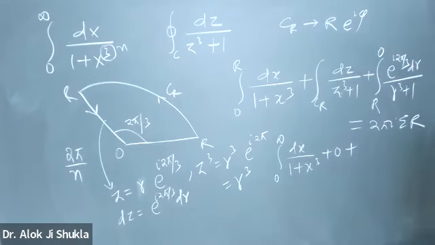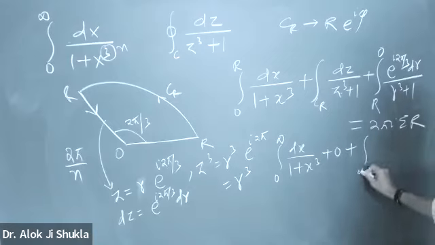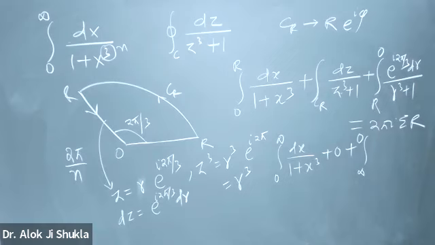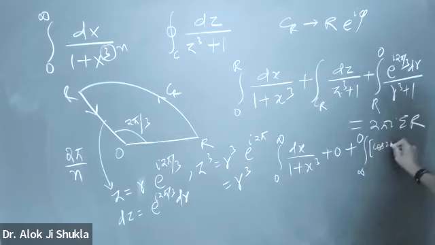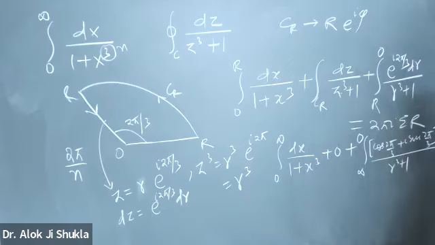And what is this value? e to the power i 2 pi by 3, which is cos 2 pi by 3 plus i sine 2 pi by 3, dr upon r cube plus 1. If anyone has any problem up to here, ask now.